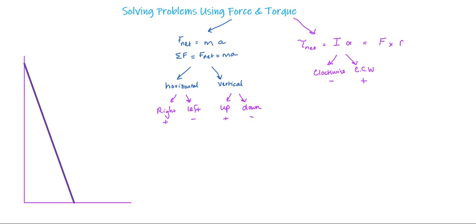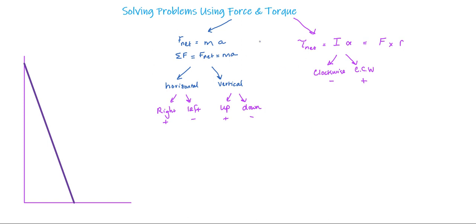But for torque, we only have one considered dimension, and that is just the rotational dimension, and we're going to say clockwise or counterclockwise matters. So we don't necessarily have to break it up into horizontal and vertical first. We really just have to identify whether that torque, or that force, is going to cause a clockwise or a counterclockwise spin.